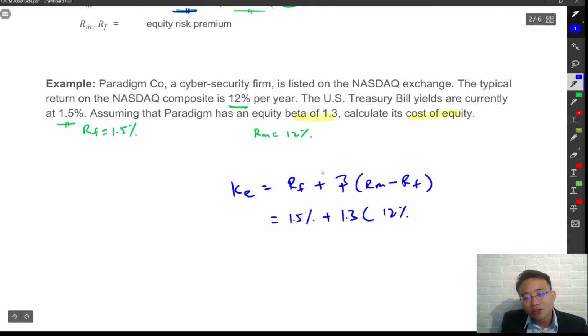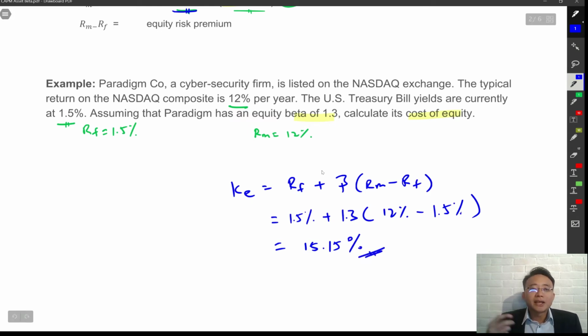Return on market is 12%, minus my risk-free, 1.5. Okay, let me take out my calculator. 1.5 plus 1.3, bracket 12 minus 1.5. Answer. What do I expect as an investor? I expect to earn a return of 15.15%. Why?